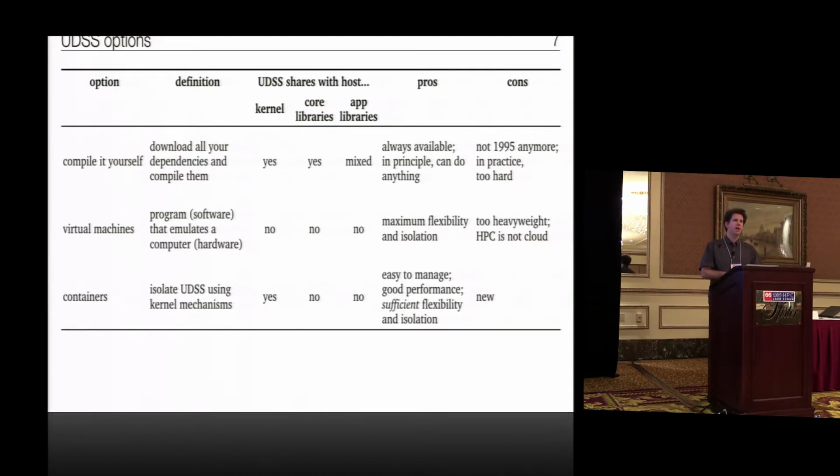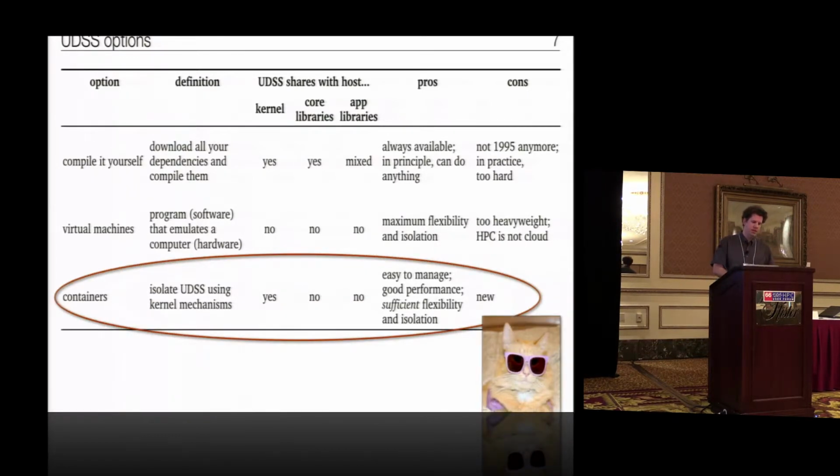This is pretty easy to manage. You get good performance. Your flexibility and isolation are sufficient, which I think is the right bar. And then the drawback is that this is newer, and so you run into some issues there. We think that for HPC, this last one, containers, is the best approach, generally.